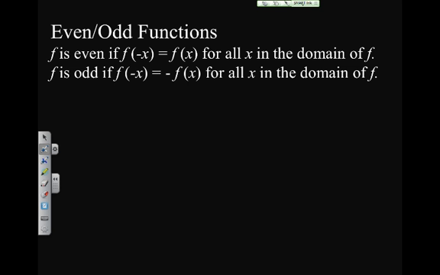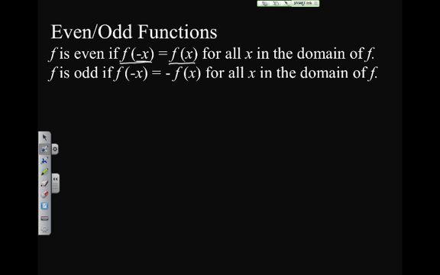Another topic when we deal with functions is the topic of even and odd. So here's the deal with even and odd. If we replace the x with a negative x, and that doesn't change the value of the function at all, those two functions are still equal, this is what we call an even function. If you can do that with any positive and negative values and you plug them in and you get the same value, that is an even function.